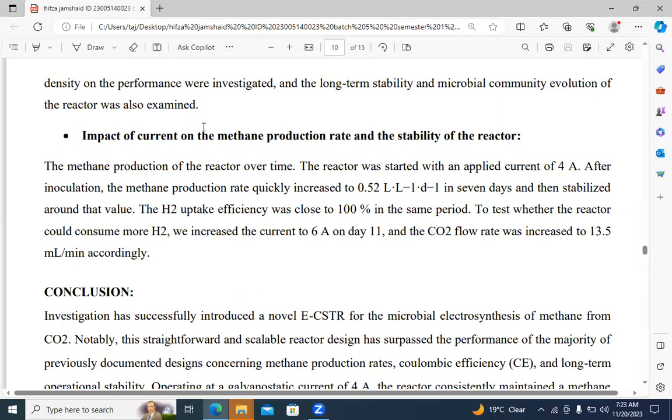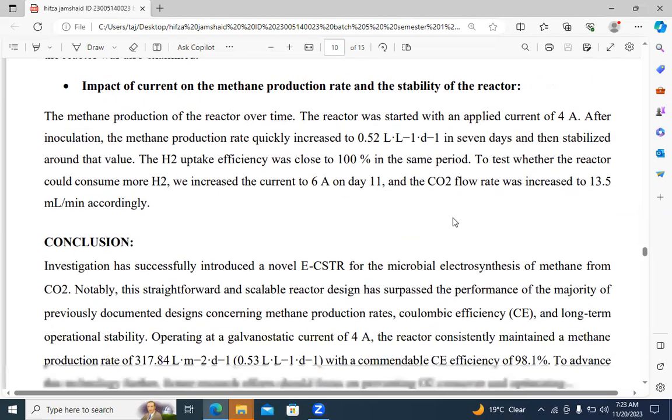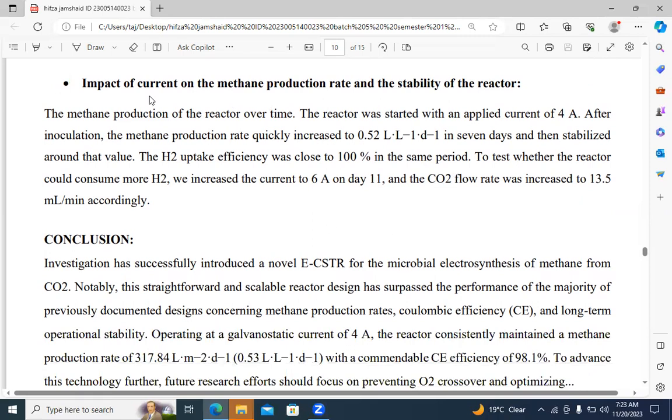But when we increase the amount of current, for example to 6 amperes, it will cause a negative impact on the system process. So it is written that current has more effect on the production and also on the stability of the reactor for methane production.